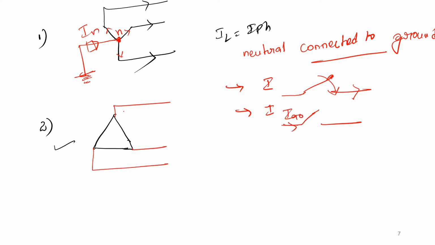If it is a delta connection, everybody knows that it is a direct relation. Since a delta connection doesn't have any neutral line, wherever the neutral connection is not there, the zero sequence currents cannot flow into the lines. In the legs of the delta connection, will there be any circulating zero sequence currents?